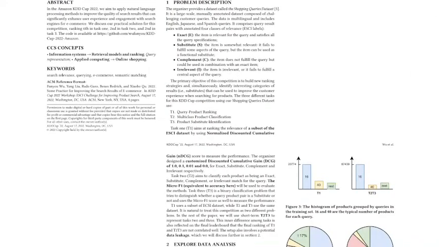This competition is divided into 3 different tasks, which are named Query Product Ranking (T1), Multi-Class Product Classification (T2), and Product Substitute Identification (T3). Task 1 aims at ranking the relevance of a subset of the dataset, using the NDCG score to measure the performance.